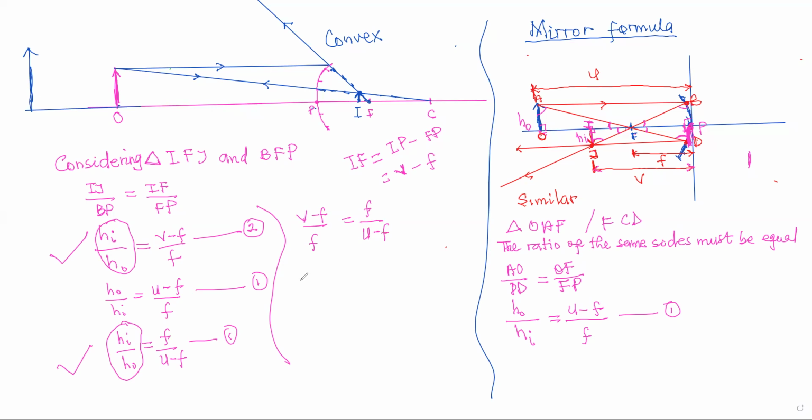Let's cross multiply. So when we cross multiply, we have V minus F times U minus F equal to F squared. Help me expand the left-hand side equation.